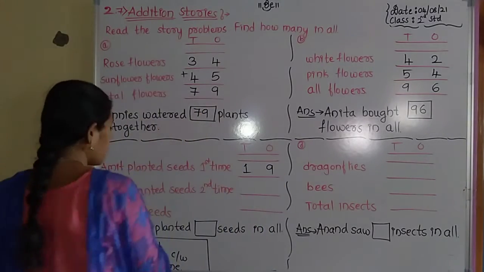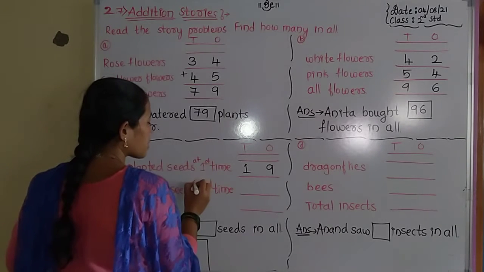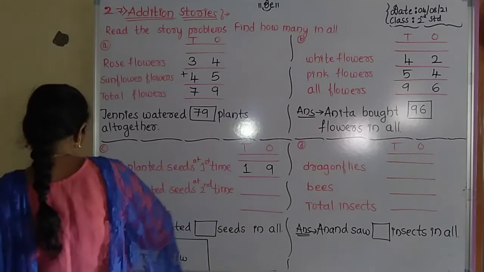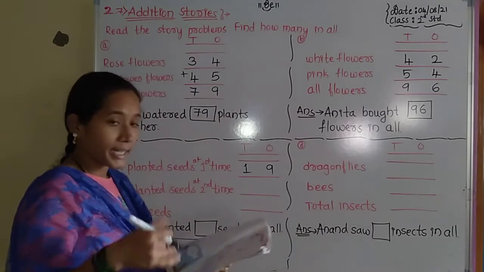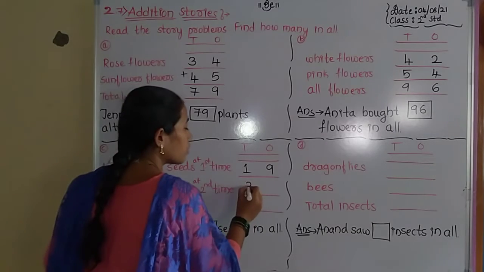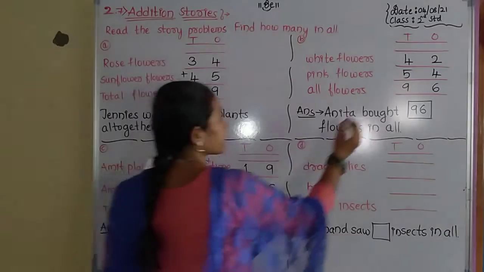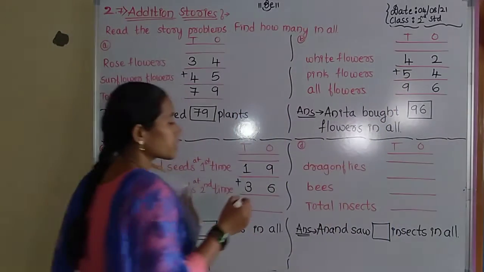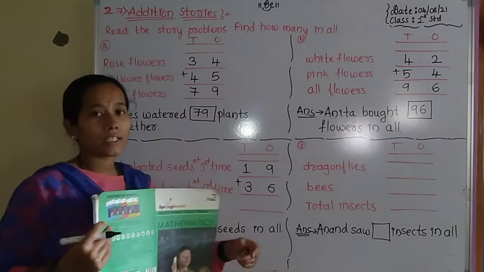The first time 19 seeds and the second time 36 more, so the second addend is 36. Since in all is there, we add the addition symbol, then calculate. 9 plus 6 is equal to how much?